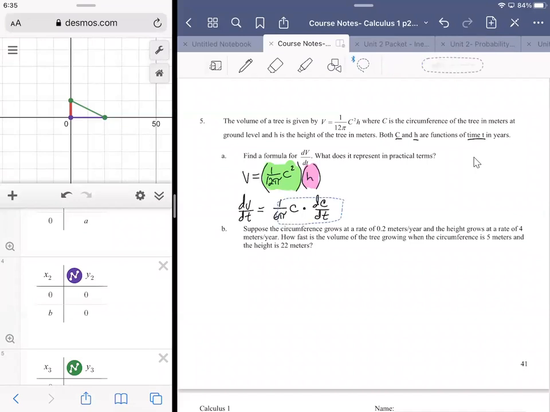It's weird that I did that first. I have no idea why I did. Hold that thought. I got my wires crossed. I apologize. First times the derivative of the second. Derivative of the second is going to be the derivative of h, which is dh/dt.